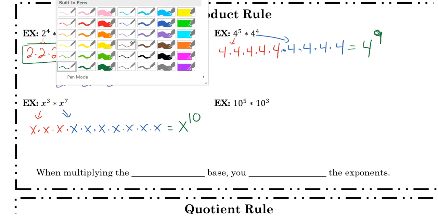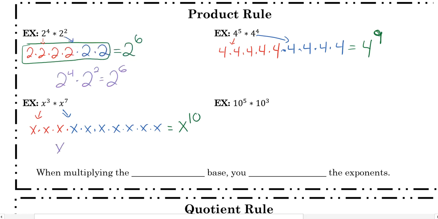So x to the 3rd times x to the 7th is equal to x to the 10th. And in our previous example, I didn't finish this one out, 4 to the 5th times 4 to the 4th is equal to 4 to the 9th.